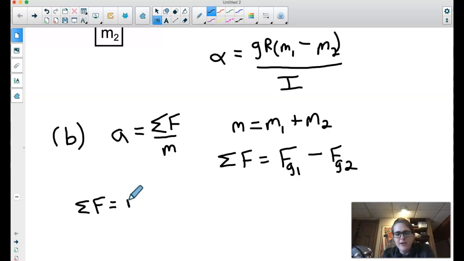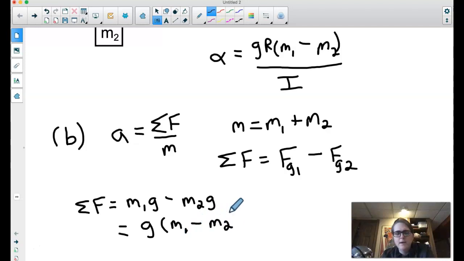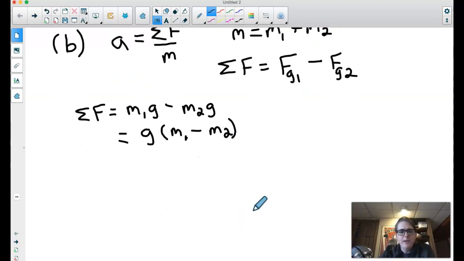So the net force on my system is m1 times g minus m2 times g, and I decided to simplify that a little bit and pull the g out front. So I have g times m1 minus m2. And then the last thing I need to do is plug this into Newton's second law.